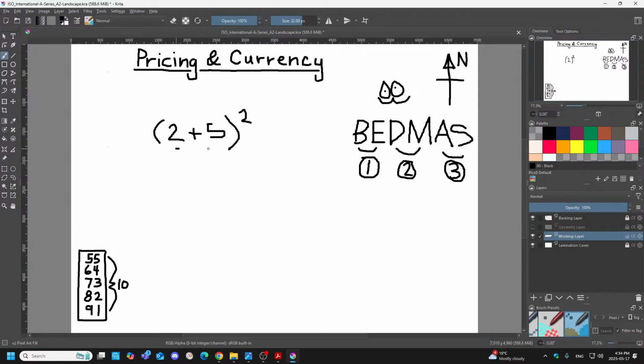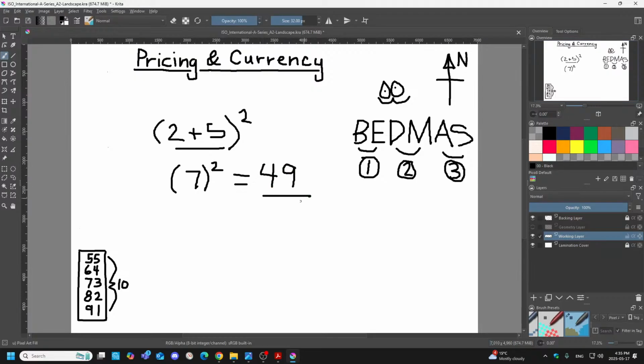You're going to want to do what's inside the brackets first, right? Which would give us 7, obviously. And if you have your times table memorized, you would know that 7 squared is the same as saying 7 times 7, which is equal to 49.